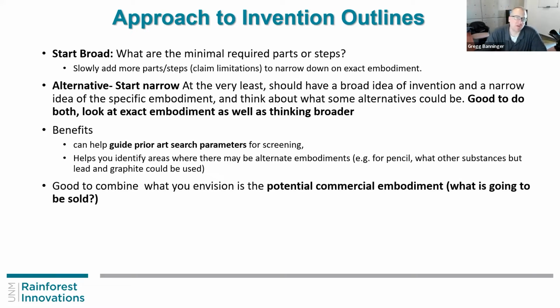But you want to do searches of the general concept versus the specific embodiment that you actually have. I think this can help guide your search parameters. I hit on this in another slide: it's important to have claimed what you're going to sell. So think that through as well.